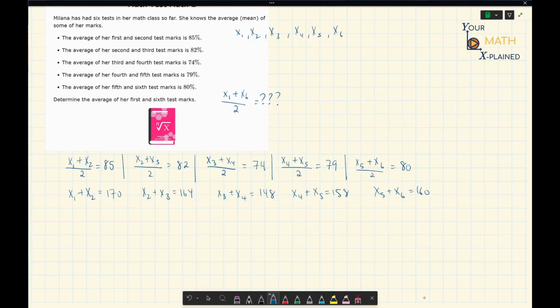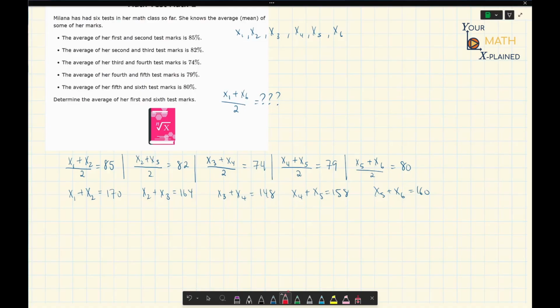So given all of these equations, I'm going to try to figure out how to piece them together with an x1 to an x6, and then eliminating the x2, x3, x4, and x5. So one natural thing that I'm looking at right now is, what would happen if I just added all of these numbers?